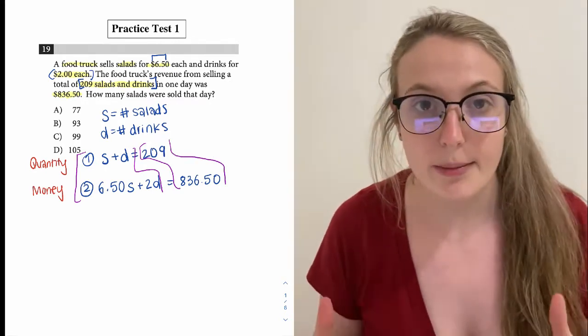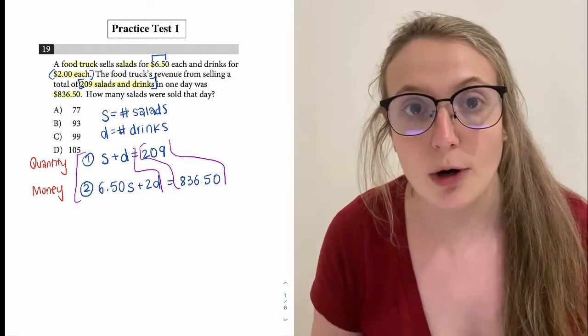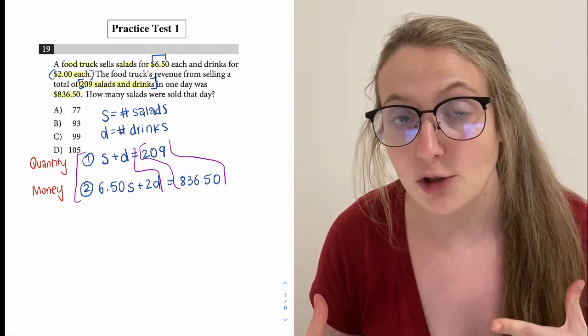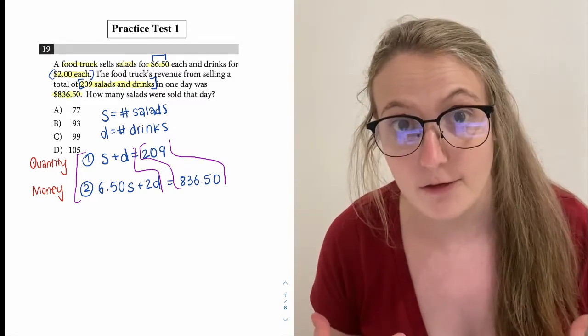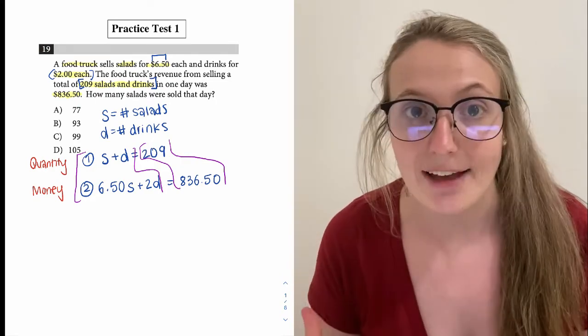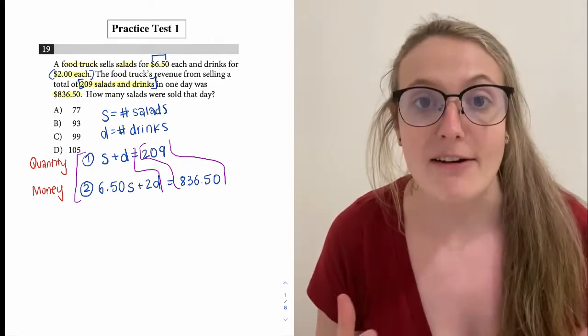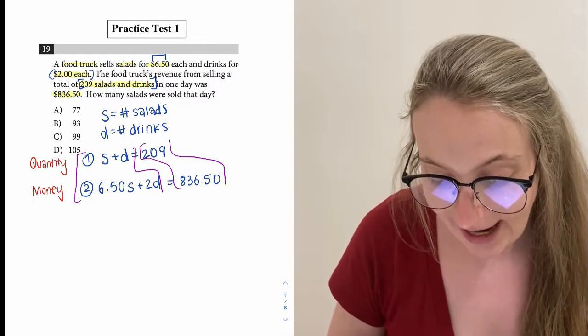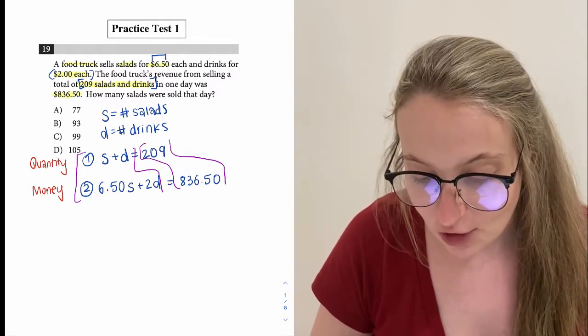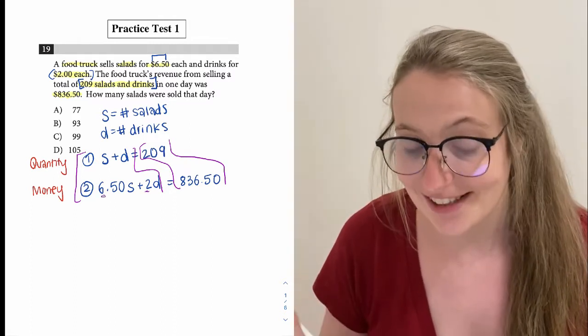So in order to eliminate, as we said, we need in 2 equations for that same variable to have the same number in front of it, but different signs, so that when we add the 2 equations together, that variable is going to end up canceling out. So I think that dealing with 2 is probably a little bit easier than $6.50.